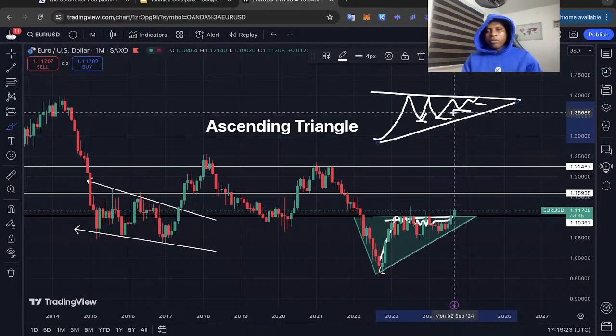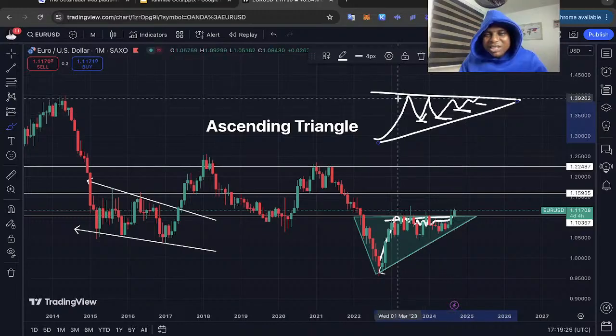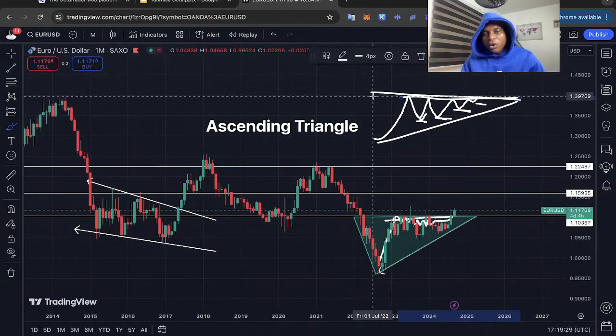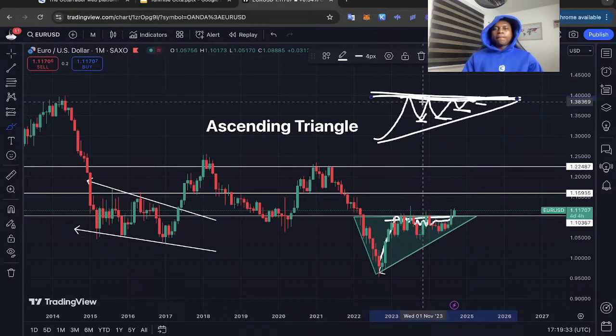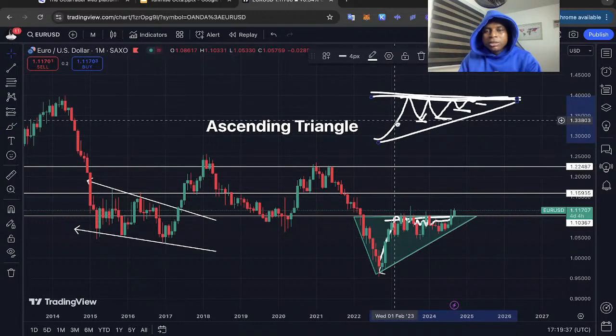And when it is consistently touching the same level on a single line, that is when you can call it an ascending triangle. Good.